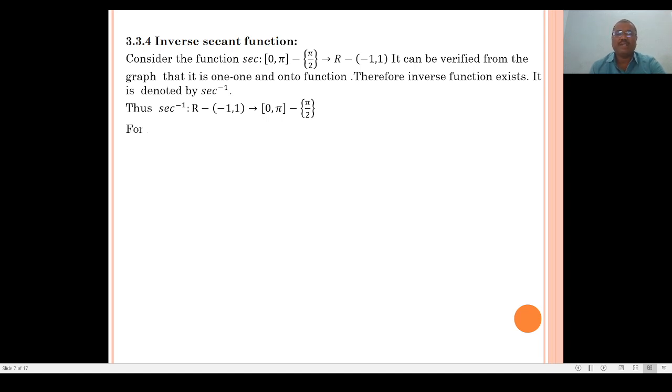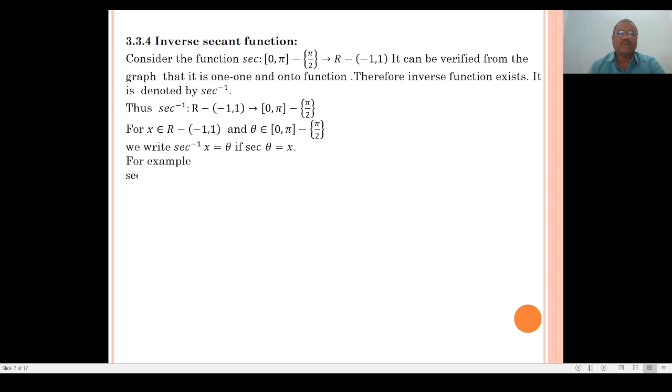minus pi by 2. For x belongs to R minus the open interval minus 1 to 1 and theta belongs to 0 to pi minus pi by 2, we write sec inverse x equals theta if sec theta equals x.